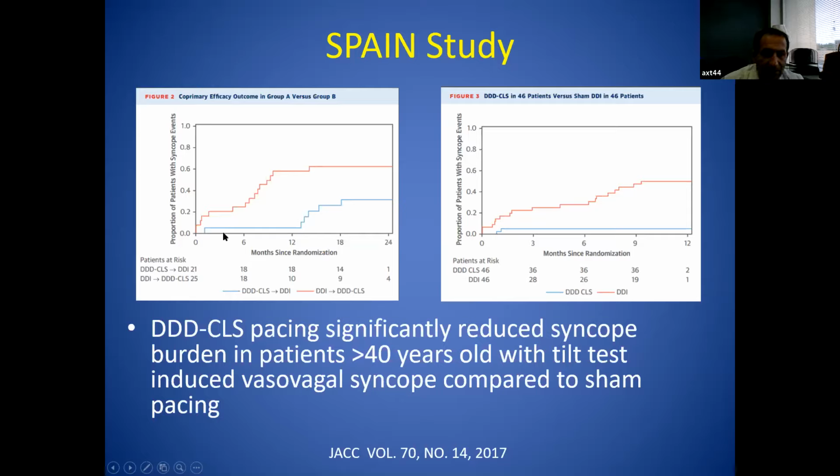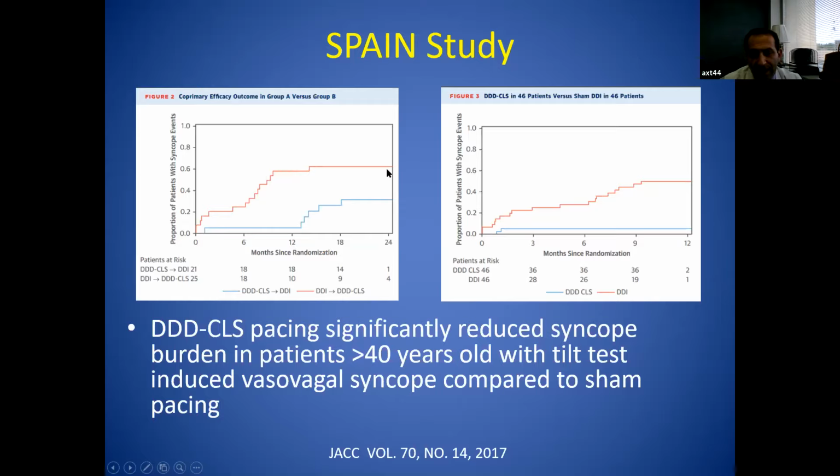And then you can see here that there were no events, and then as soon as you turned off the pacemaker from CLS to off, you had increased incidence of syncope.